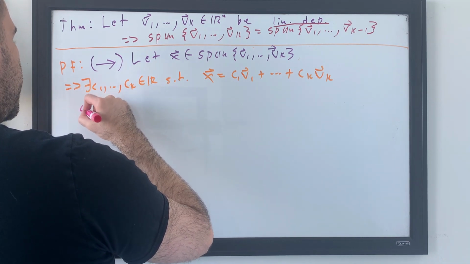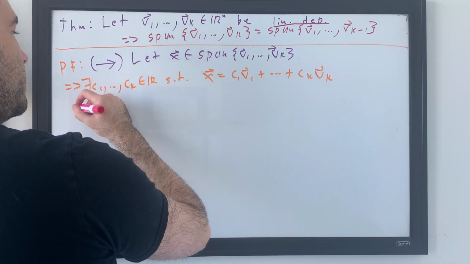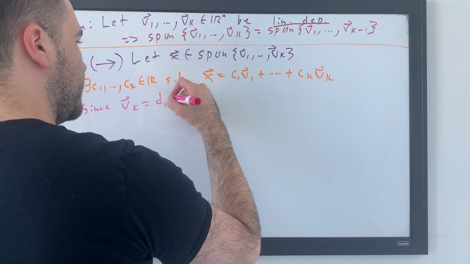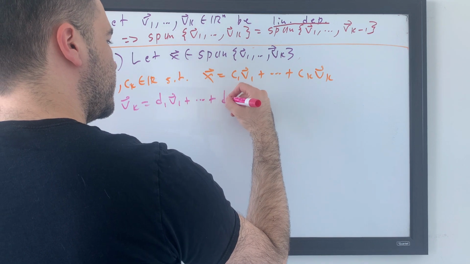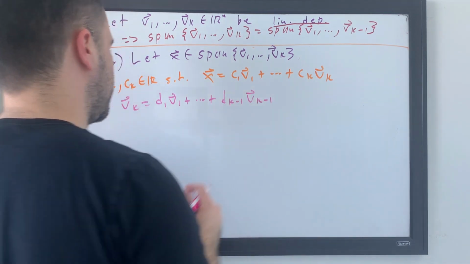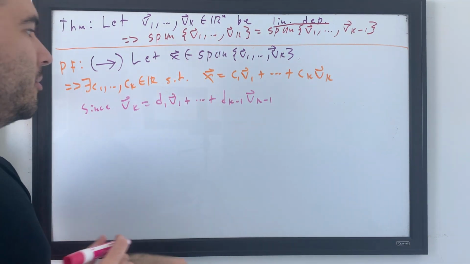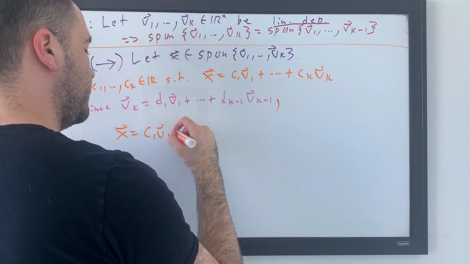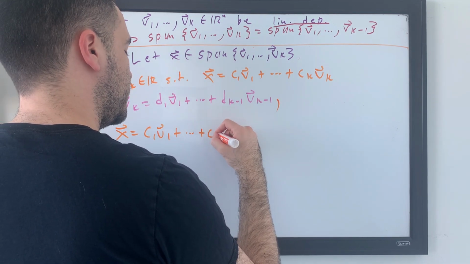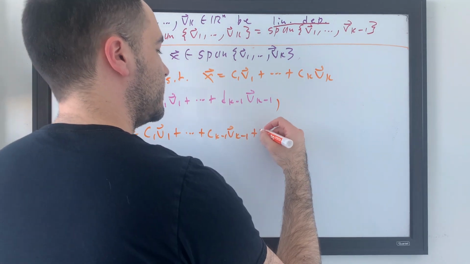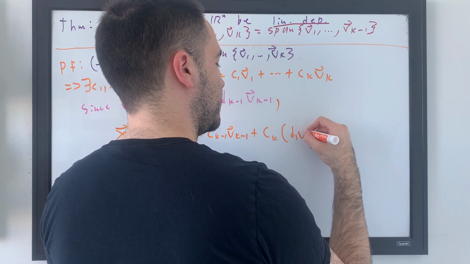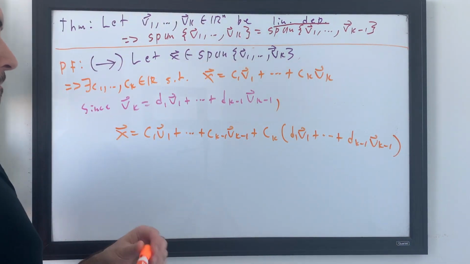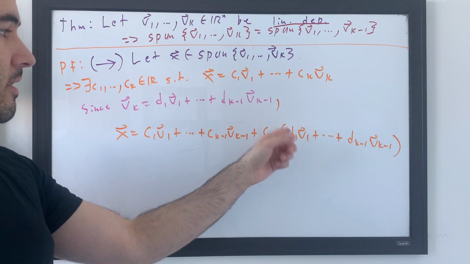Okay, so since vk can be written as, we'll just call these d1 v1 plus all the way to dk minus 1 vk minus 1, because it is a linear combination of the others, we can then write that x is equal to c1 v1 plus all the way to ck minus 1 vk minus 1 plus ck times d1 v1 plus all the way to dk minus 1 vk minus 1. So we're just substituting in for this formula what vk is as a combination of the others.